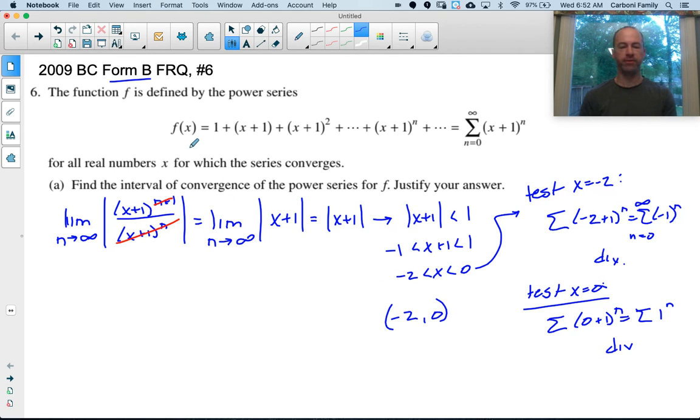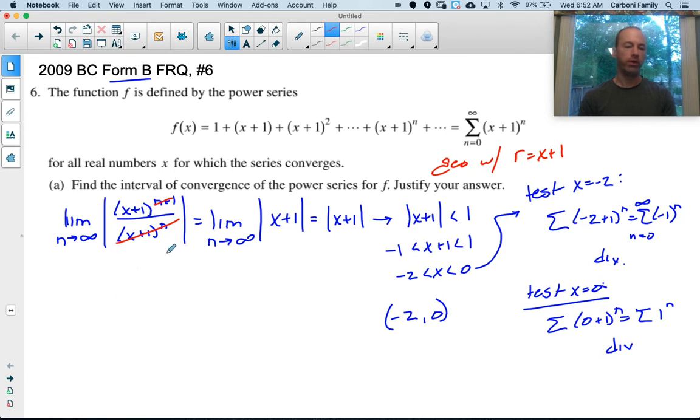It works perfectly fine. However, you always want to look out for one little gift, and they gave you a gift here because this series, x plus 1 to the n, is a geometric series with a ratio of x plus 1.